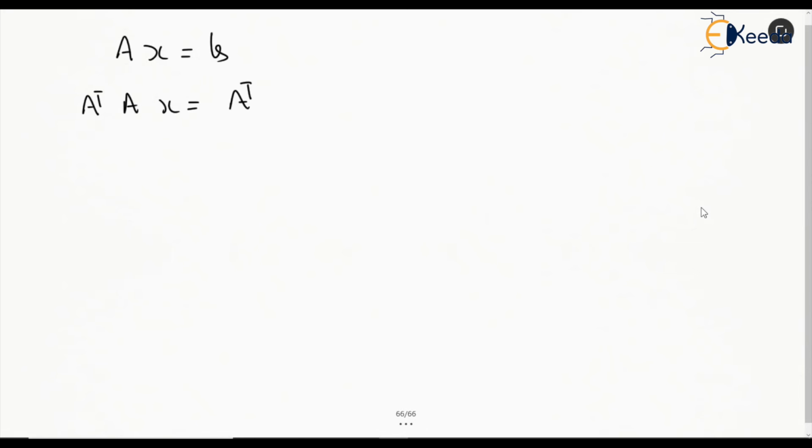So for this system Ax is equal to b, we can multiply A transpose on both sides, and taking A transpose A as K, with x, let's say x cap, given as F, this K is A transpose A and this F is A transpose b.